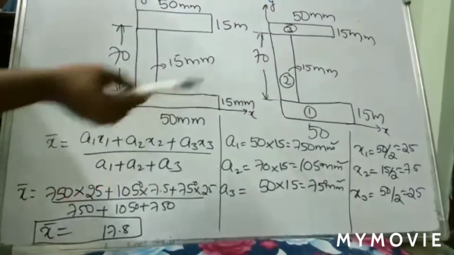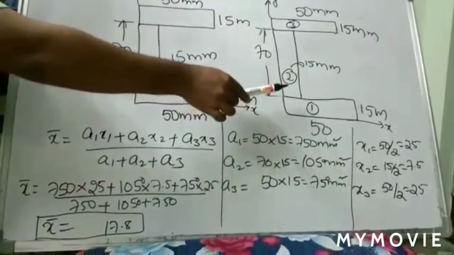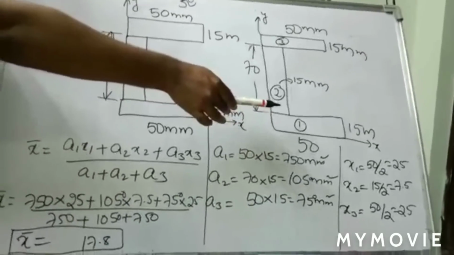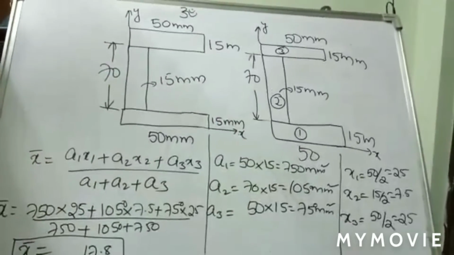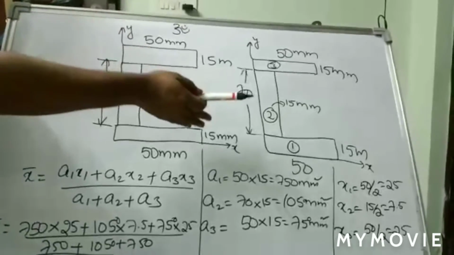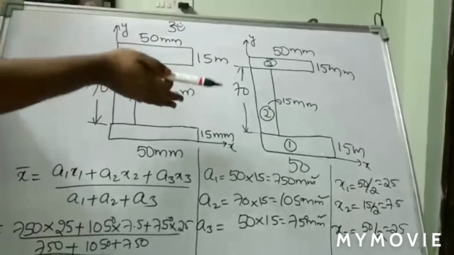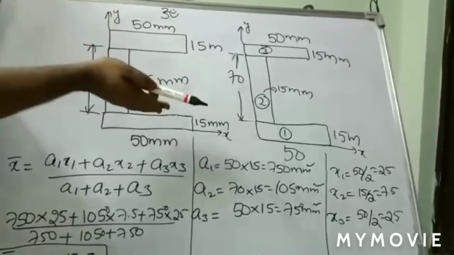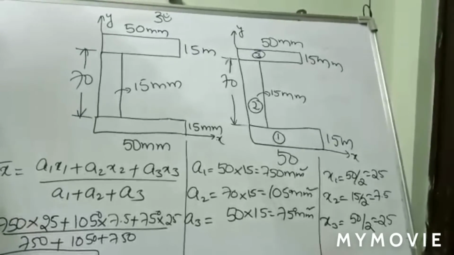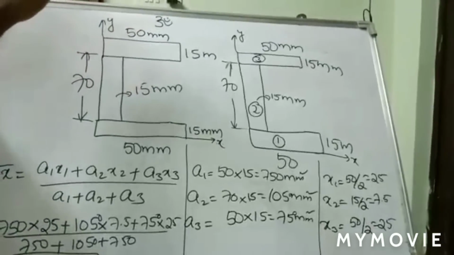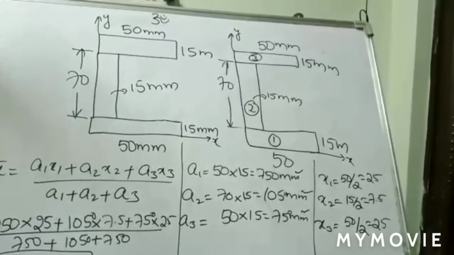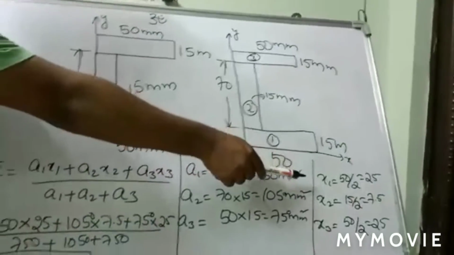Here it is very easy because I have divided the structure as per my convenience, so each is a rectangle block and it is easy for everyone to calculate its area. Sometimes blocks may be a triangle, square, trapezium, circle or semicircle, according to your structure, so everyone has to remember the area of each particular cross section. Next you are supposed to calculate the centroid distances x1, x2, x3.